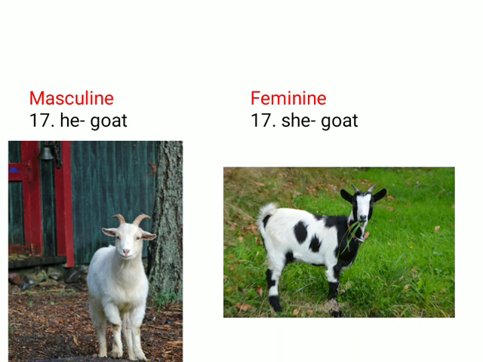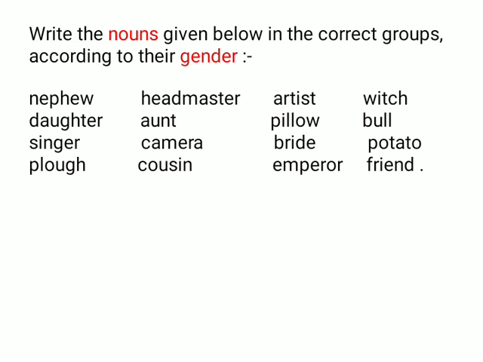Understood, students? Now, after this, let's move on to the activity part. That is activity number 1. Write the nouns given below in the correct groups according to their gender.